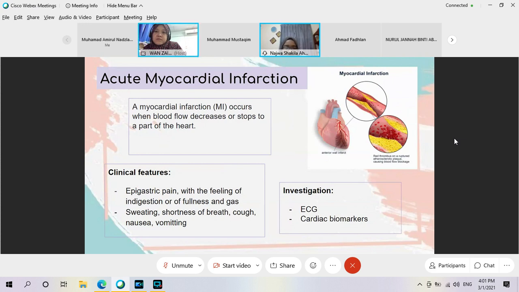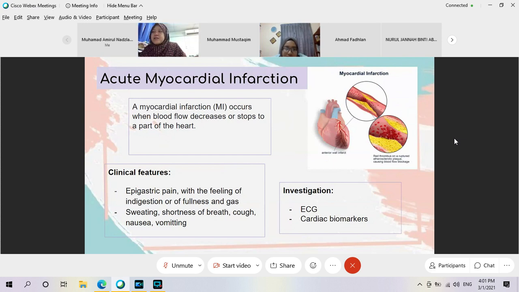You can see the radiation of the pain. It can go to the jaw and then the left arm. Kan, ni ada basic description of pain in MI.